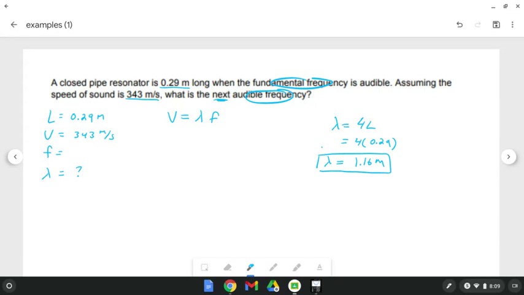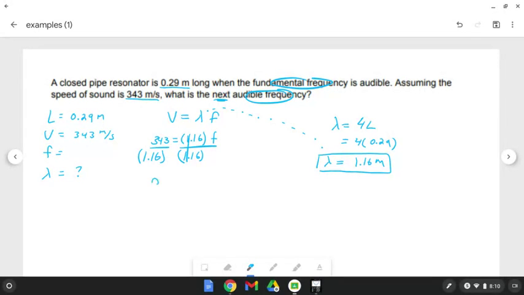Now what we're going to do is plug that in over here. We got our 343 is equal to 1.16 f. But remember, this is not the f we want. 1.16 gets divided to both sides here.